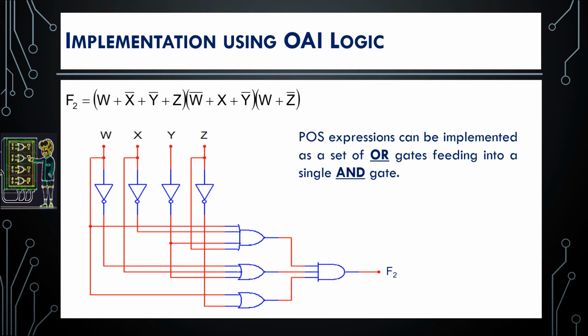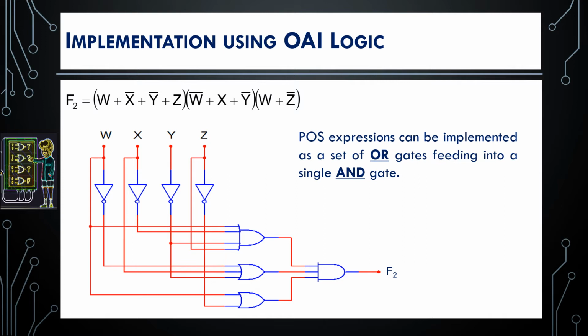Let us look at an example. Here we are given a function with four literals in its domain, namely W, X, Y, and Z. Some of the literals are in complemented form, and here we have three max terms. Three max terms can be implemented using three OR gates.